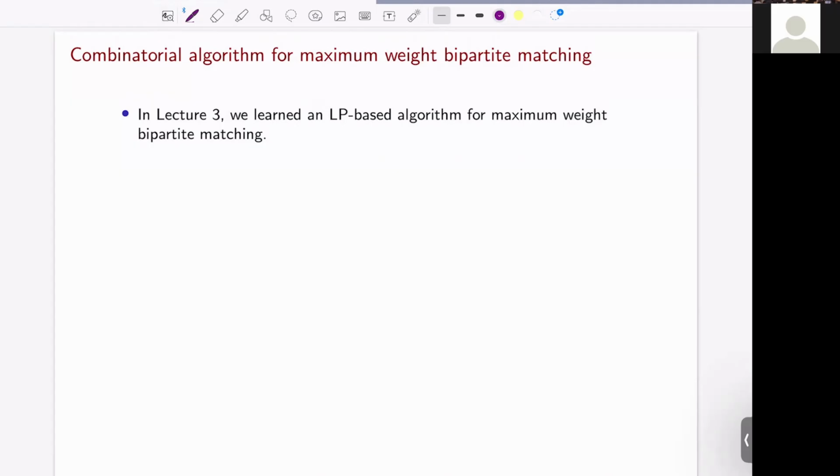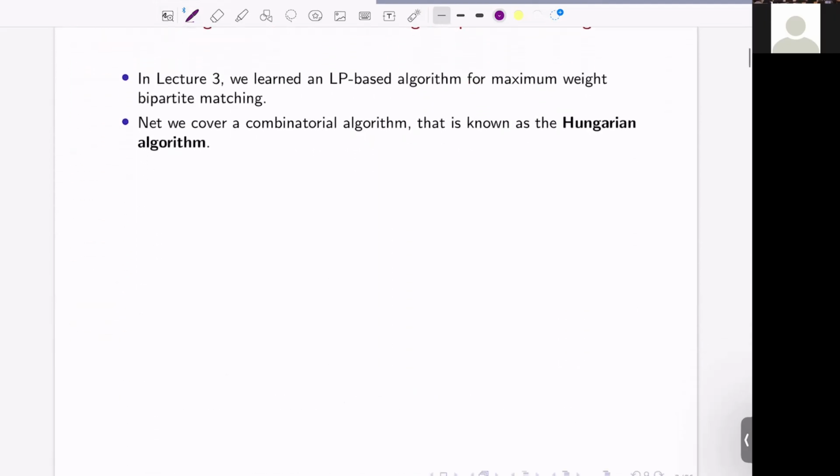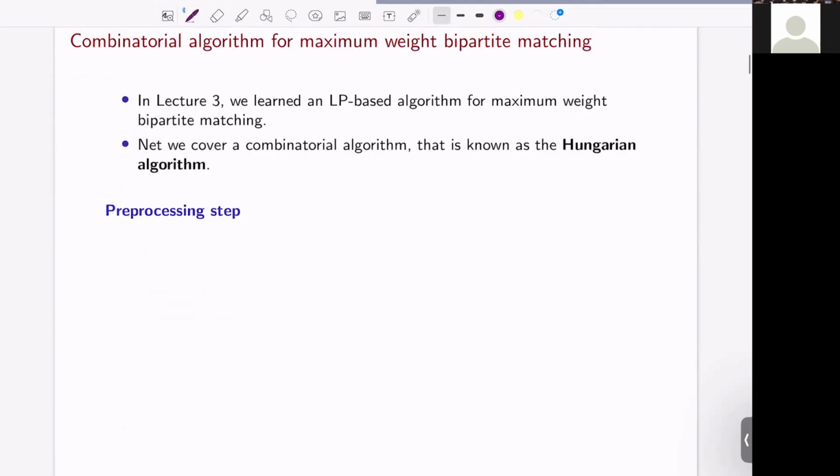That's how we obtain a maximum weight bipartite matching. But we're going to talk about a more combinatorial approach. We are not getting a solution directly from an LP, but we still look at the linear programming formulations, and the algorithm is a bit more combinatorial. That's the Hungarian algorithm.